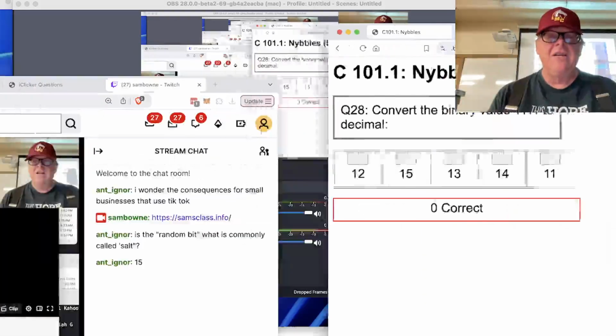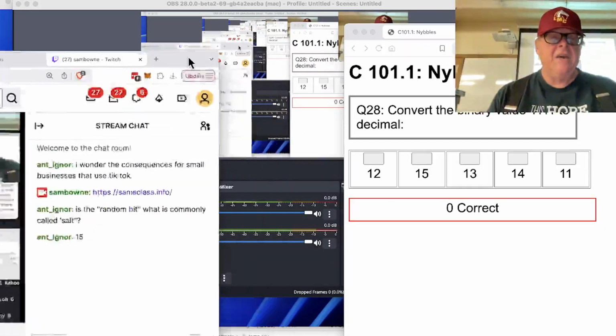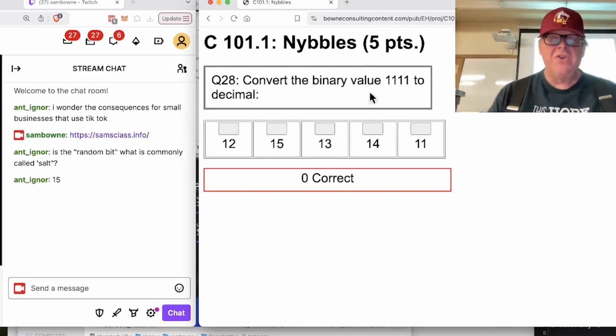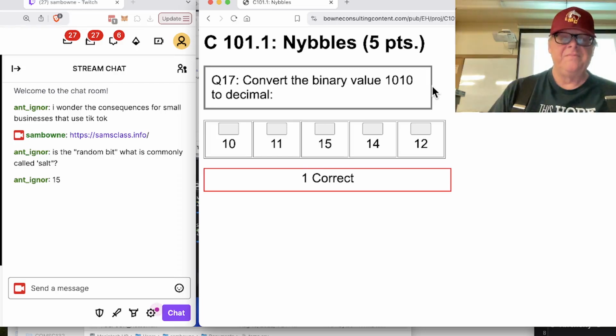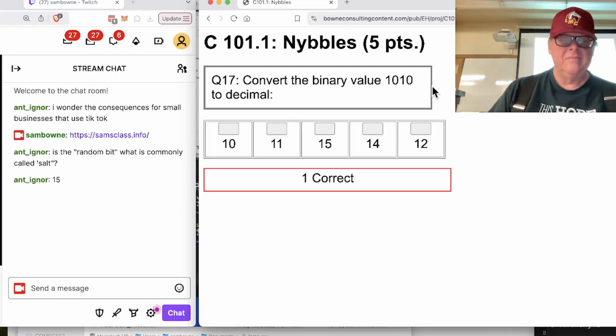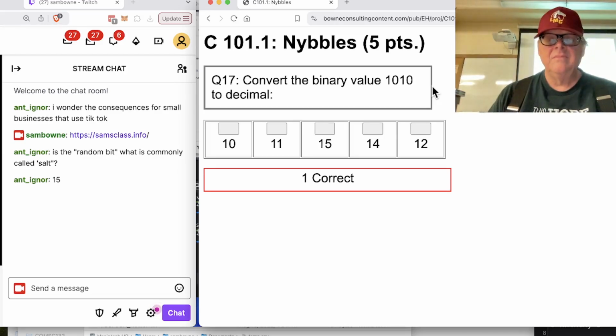Antignore got it right. Good. All right, so 1, 1, 1, 1 is 15. We just talked about it. Okay. How about this one? 1, 0, 1, 0. That's 10.